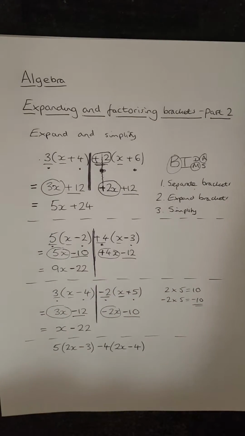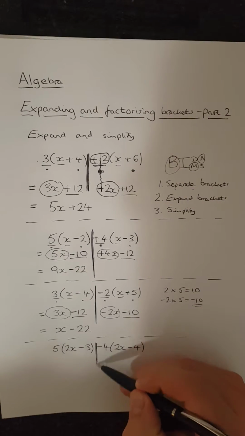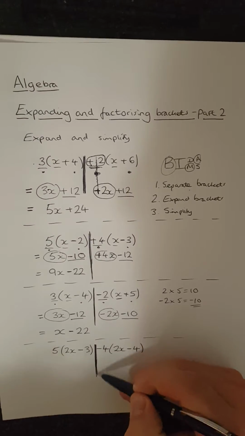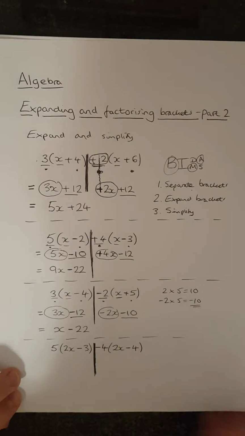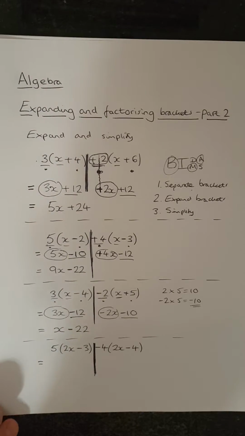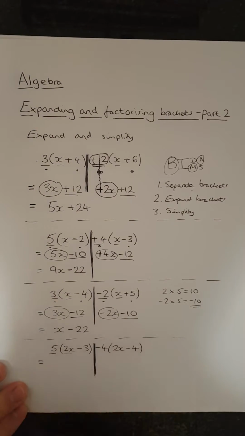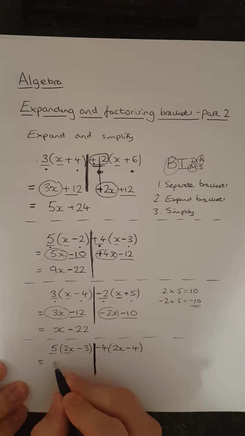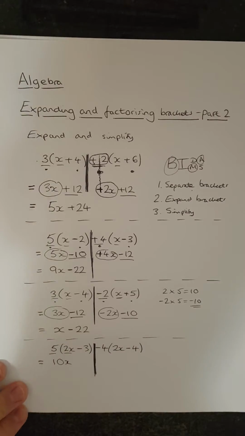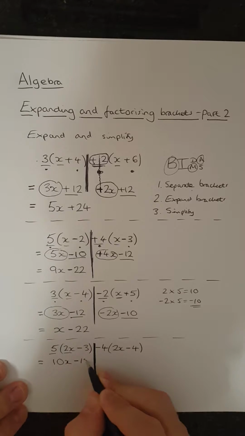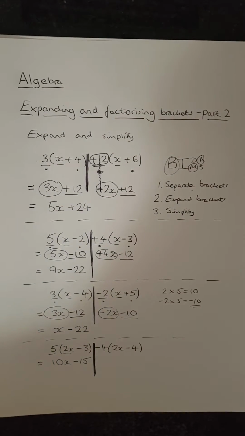Now, our method helps to avoid the error people make. I'll show you how to do it, and then I'll tell you where the error is. So put your line in. Let's get ready to expand. 5 times 2x is 10x. 5 times minus 3 is minus 15.